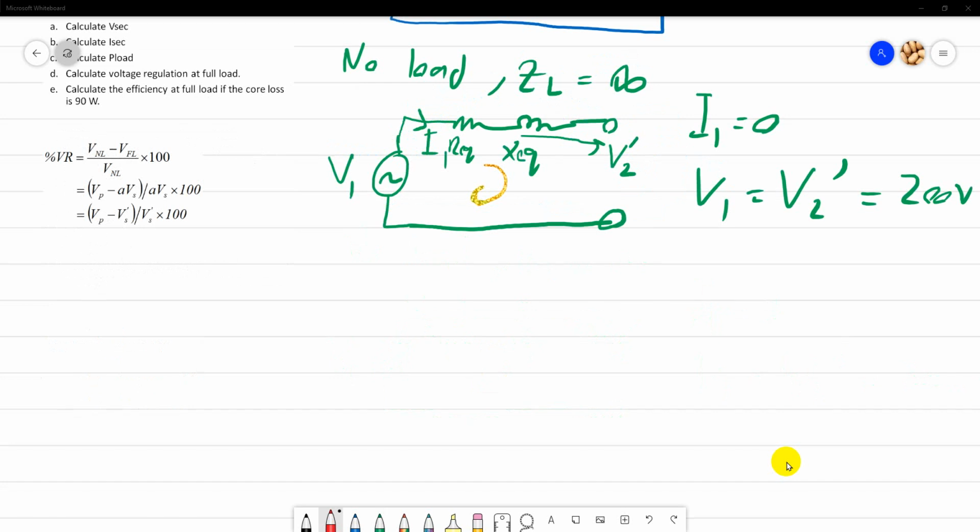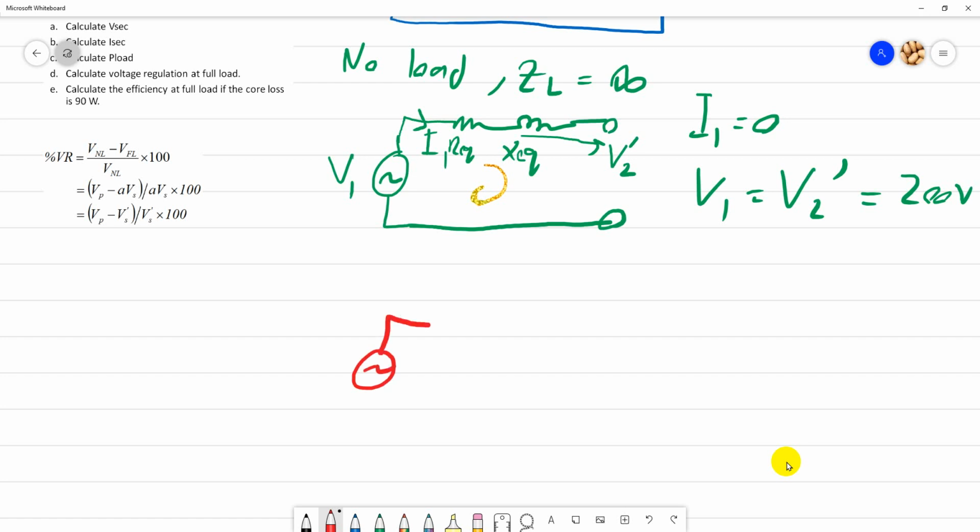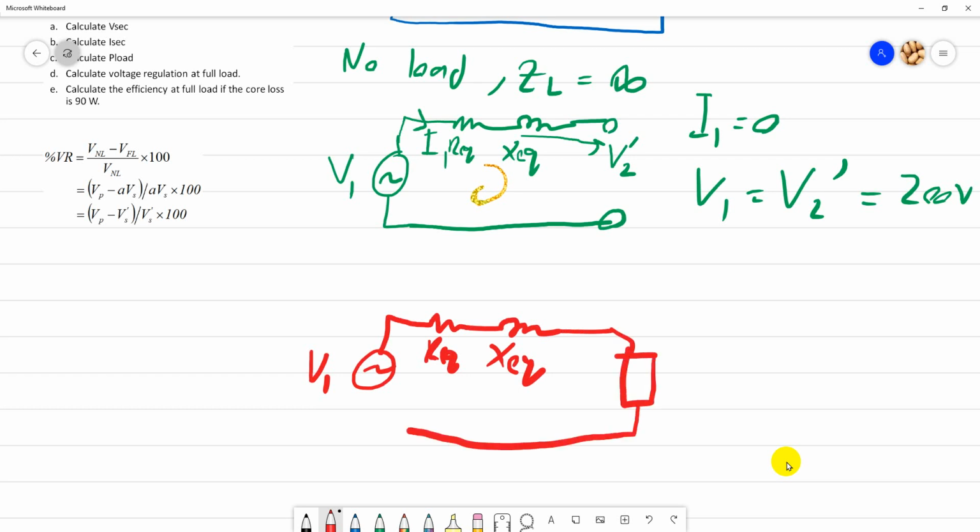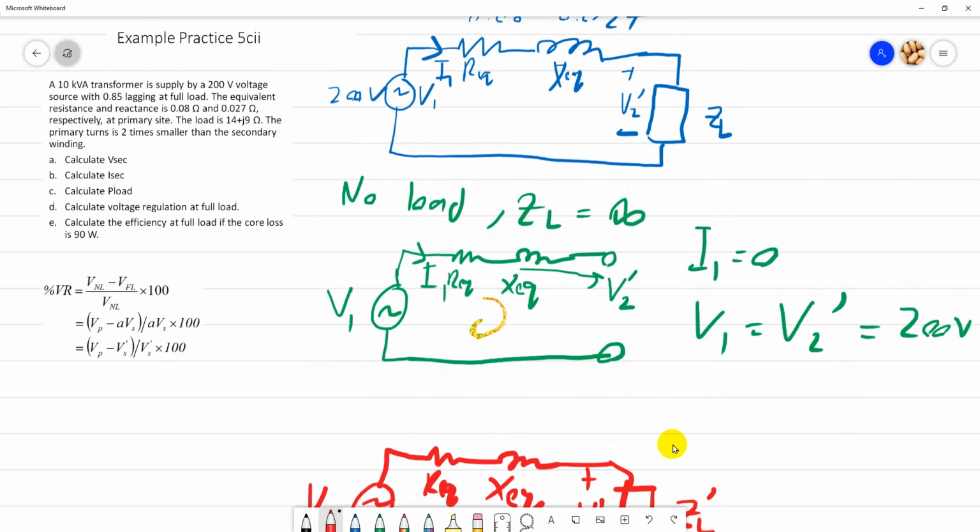So during the full load, I draw this back and you get Req, Xeq, V1. This one has load. This is ZL bar, plus minus V2 bar.